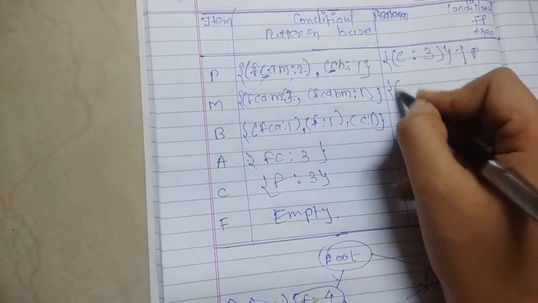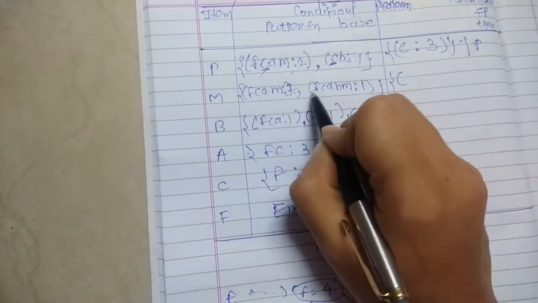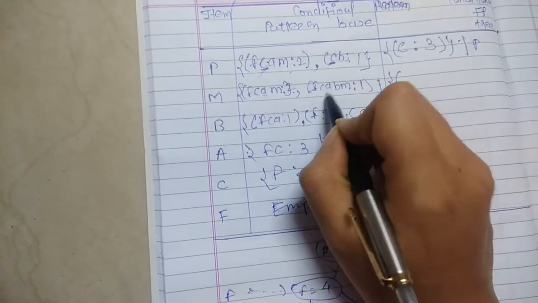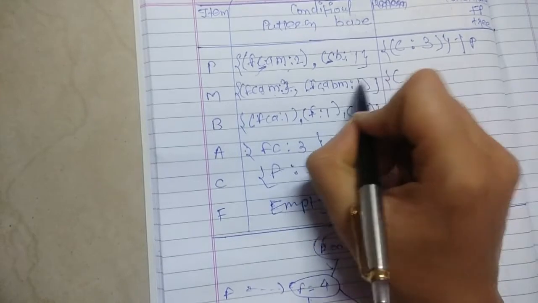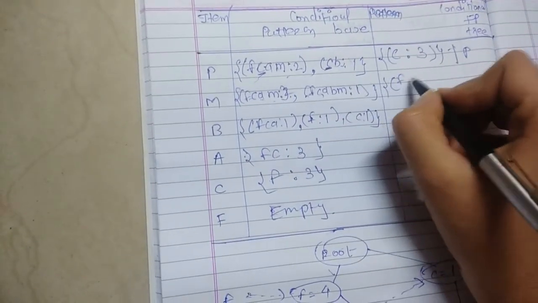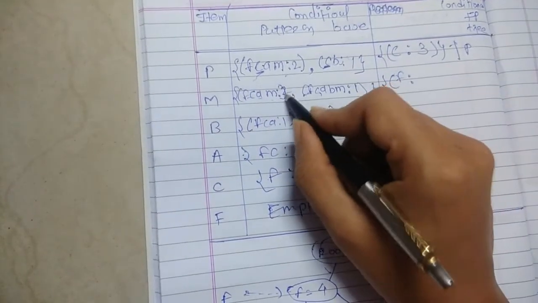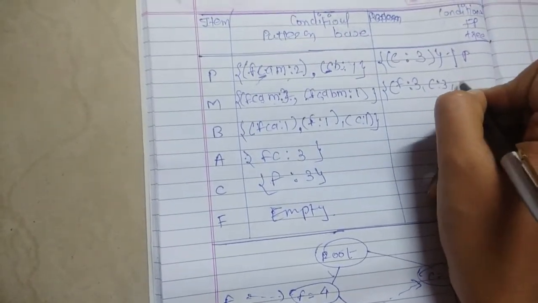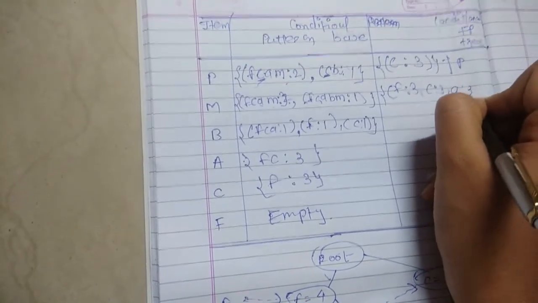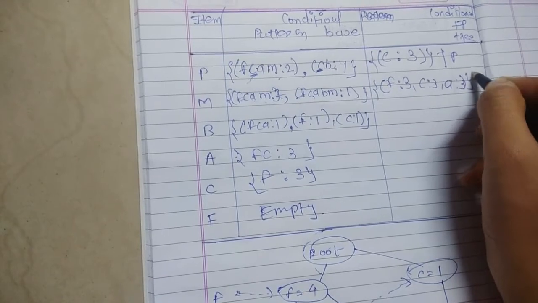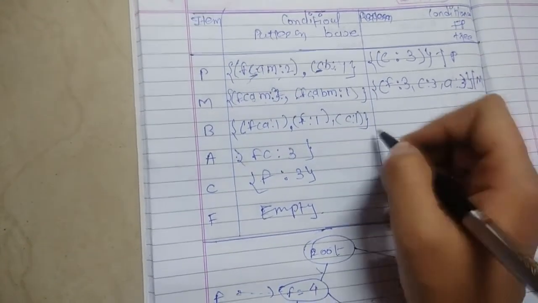Same as in this transaction, F is repeated, C is repeated, A is also repeated, so F: 3, C: 3, A: 3, and this is counted for M.